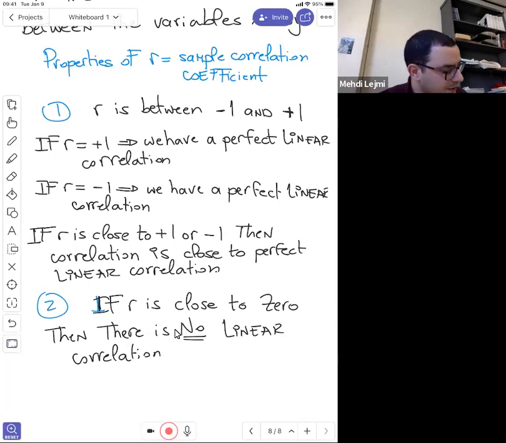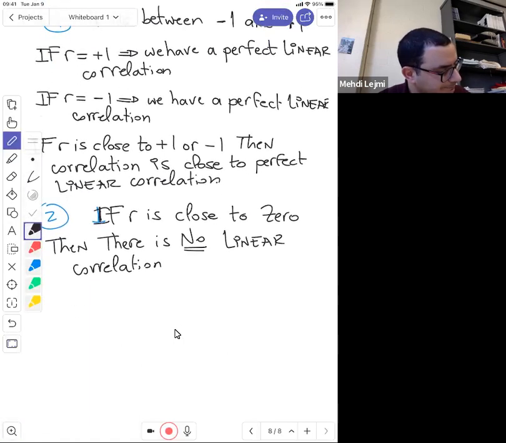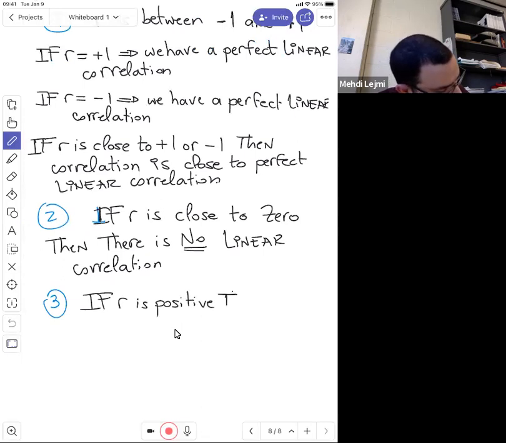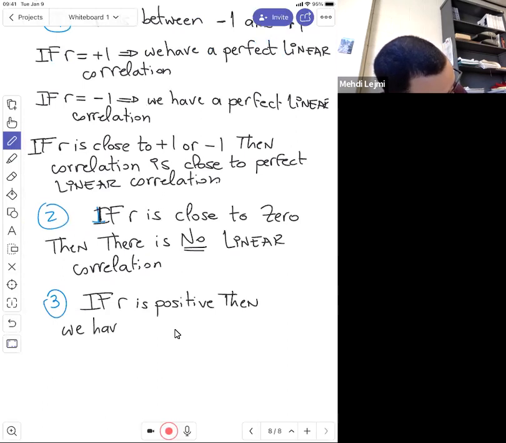So if R is positive, then we have a positive linear correlation.